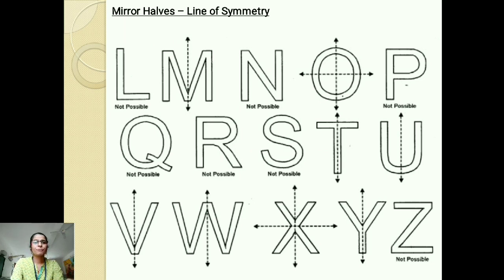If I keep the mirror horizontally, the mirror will show exactly the other half of it. Or if I keep it vertically also, the mirror will show exactly the other half of it, right? So, M, O, T, U, V, W, X and Y in this picture show the line of symmetry.